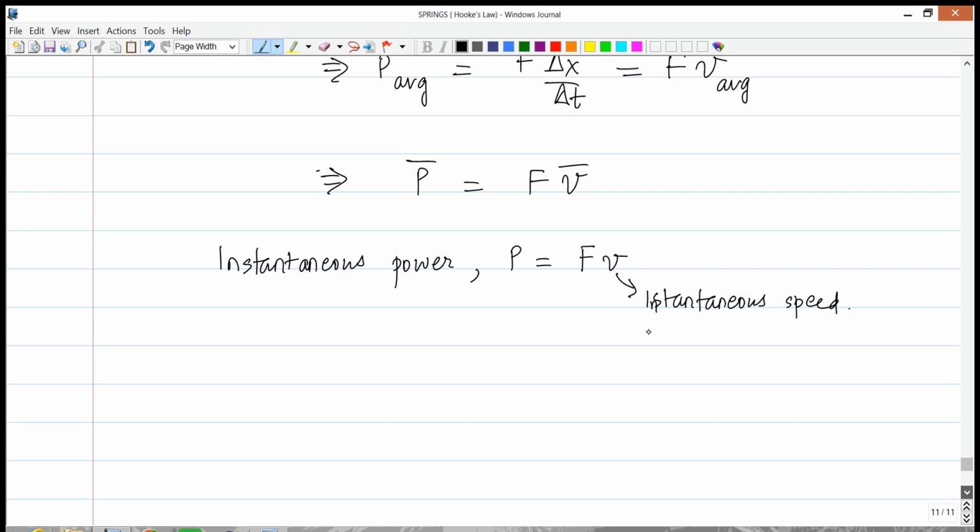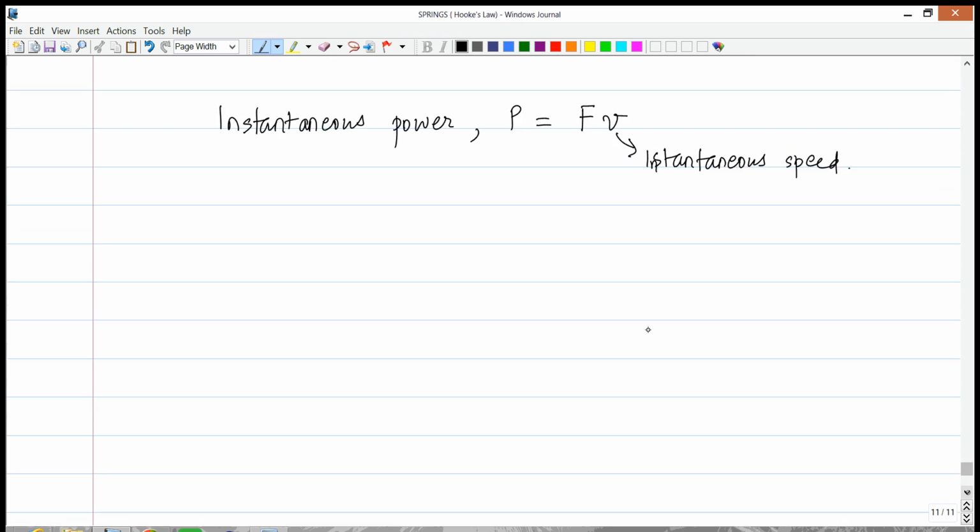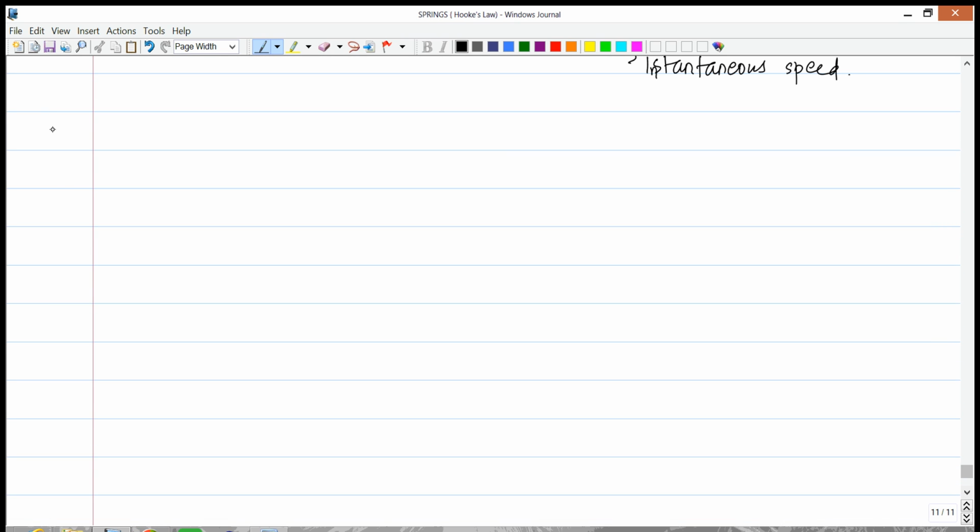Let's try to apply this concept to a couple of simple situations, and everything should make sense. So let's say that you have an elevator. Let's say that the mass of the elevator with everything included is 1,000 kilograms, and you have a force that is pulling the elevator, some tension, the cable that is lifting the elevator up.